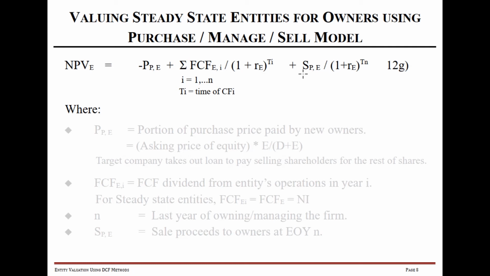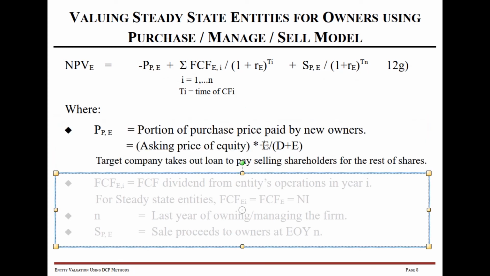Okay, and then finally, at the end of year N, right after we receive that year-end free cash flow, 1 nanosecond later, we sell the firm for this price, S sub P, comma E, and of course we have to discount that cash flow back to T equals 0. So we've got apples, apples, apples here.